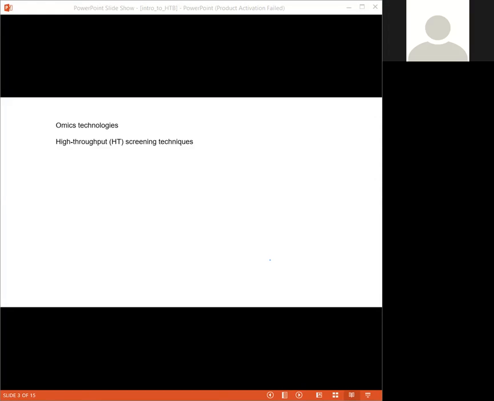Yes, sir, we heard, but we don't know exactly what it means. Okay. So high throughput means they need to analyze a very large number of genes or gene expression or protein expression either in a single procedure or a combination of procedures.